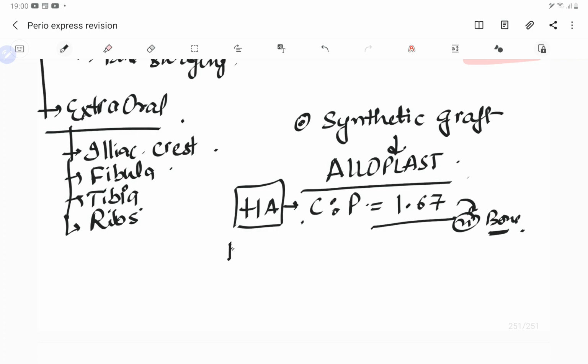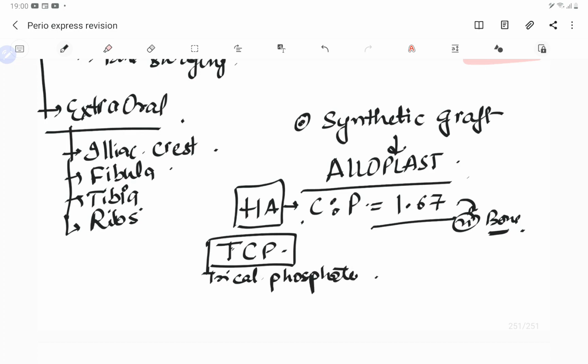Then guys we have tricalcium phosphate, TCP. We also use it as a synthetic bone material, the beta form of tricalcium phosphate. In this tricalcium phosphate, the calcium and phosphate ratio is 1.5, so the mineral content is close to beta whitlockite.